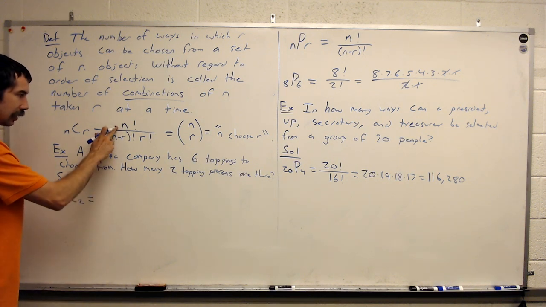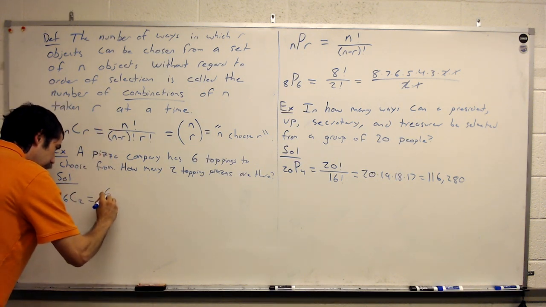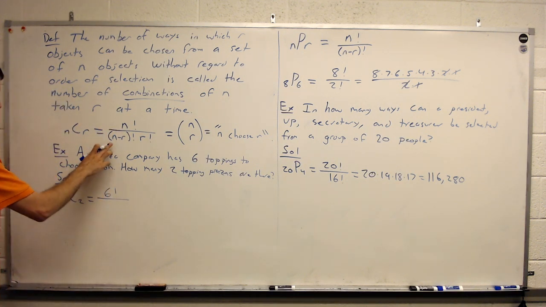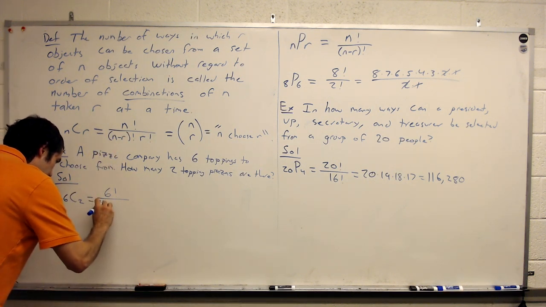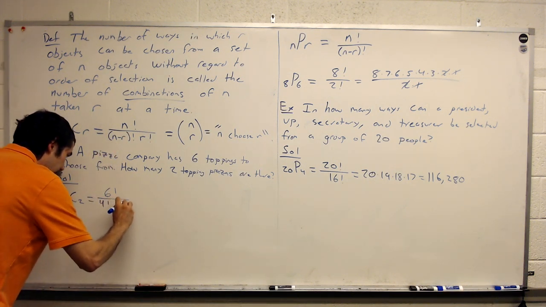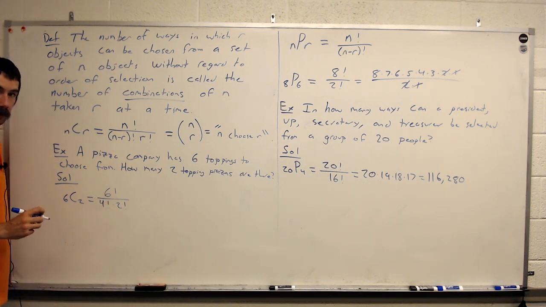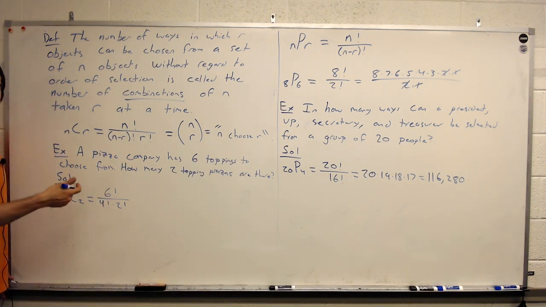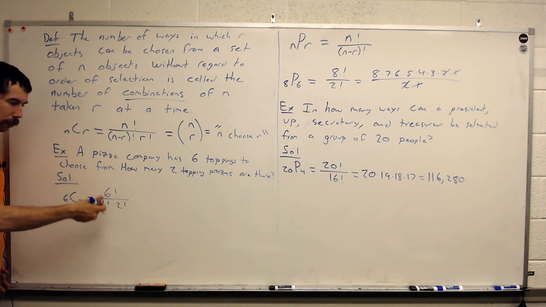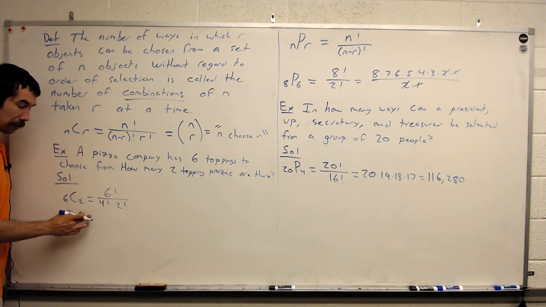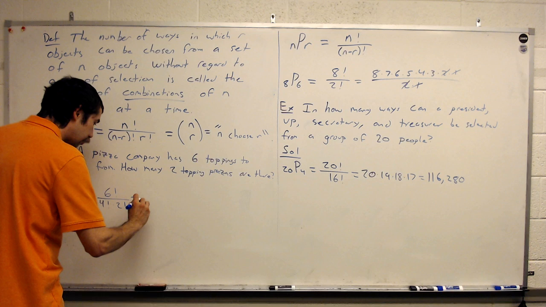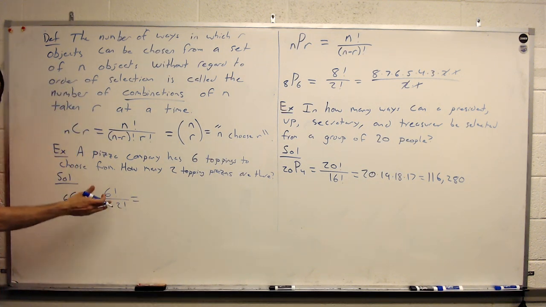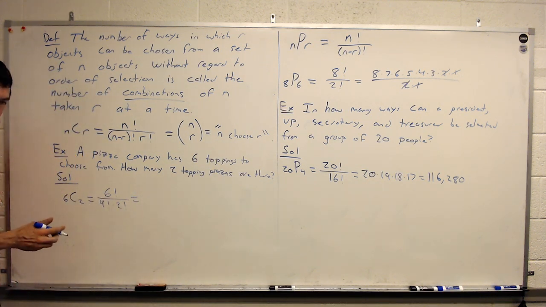All right, that's 6 factorial over 6 minus 2, 4 factorial, times 2 factorial. If you have a graphing calculator, there are built-in functions to do these computations. There's also some available online. But these numbers are so small we could actually just compute it.